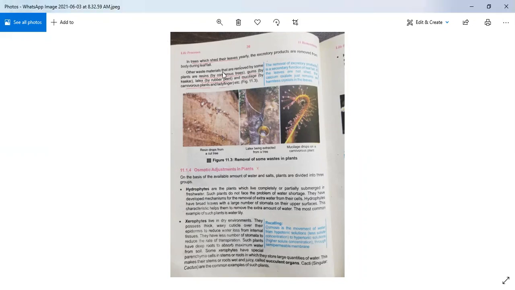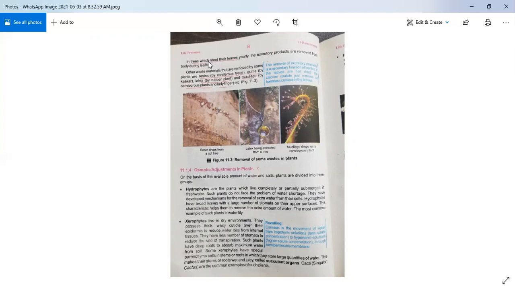Okay, next is page number 20. You can see on the screen, in trees. There is another way in which plants release metabolic waste from their body, and that is shedding. The second step is shedding in trees which shed their leaves yearly. There are many trees around us which shed their leaves yearly, so the excretory products are removed from the body during leaf fall.